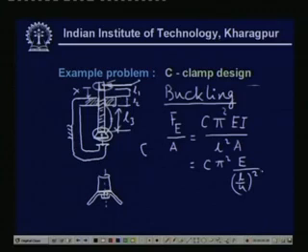Now, this is the critical load for Euler's equation, where C is a constant, and that depends upon the boundary conditions.